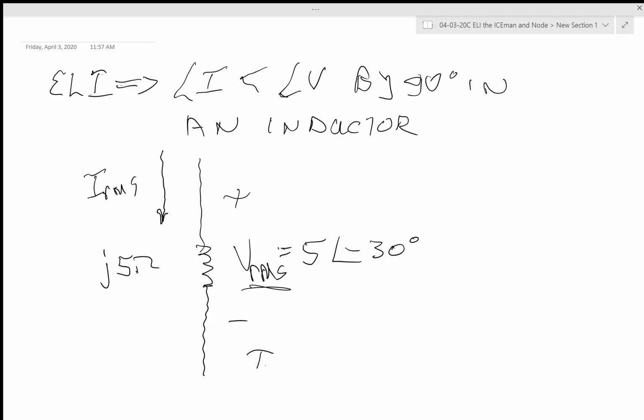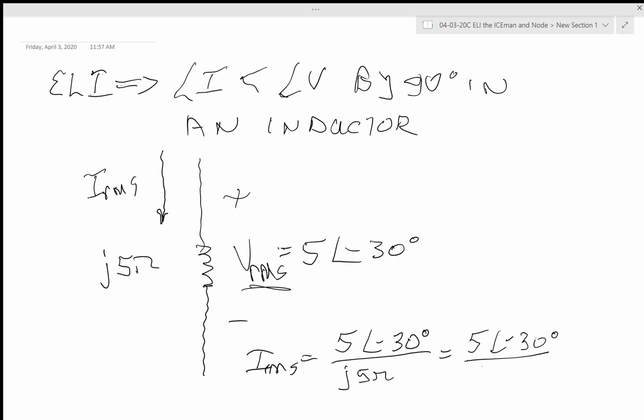I RMS is going to be 5 angle minus 30 degrees divided by J5 ohms, which equals 5 angle minus 30 degrees divided by 5 angle 90 degrees.